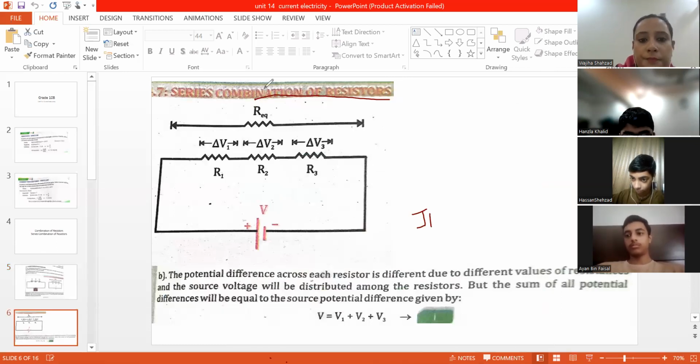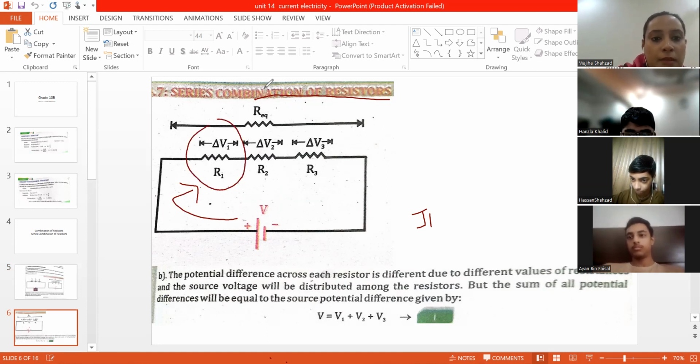In a series circuit, when the resistors are connected in series, the voltage will be divided across each resistor. What is the reason behind that? The voltage will be divided because the resistors connected in series have different values. For R1 the voltage will be V1, for R2 the voltage will be V2, and for R3 the voltage will be V3.